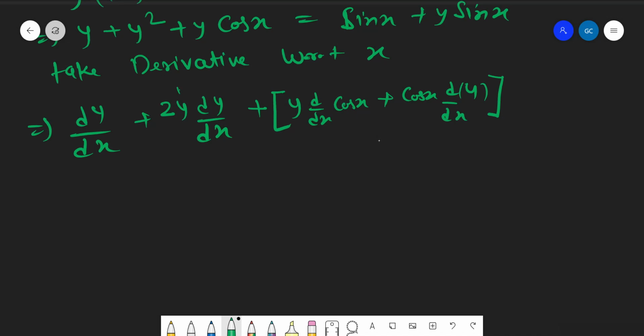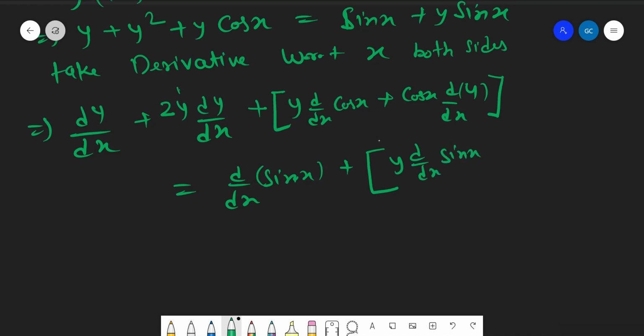This is the one part, and now take the derivative with respect to x on both sides. On the other part, here also we have to apply the chain rule, guys, right? So let's write it. y times the derivative of sine of x plus sine of x dy by dx, right?